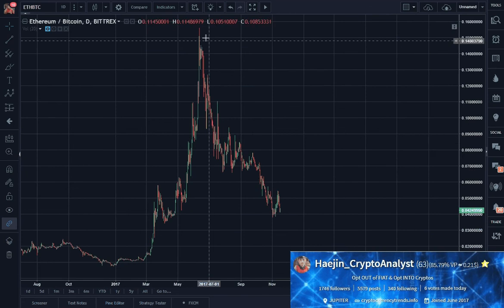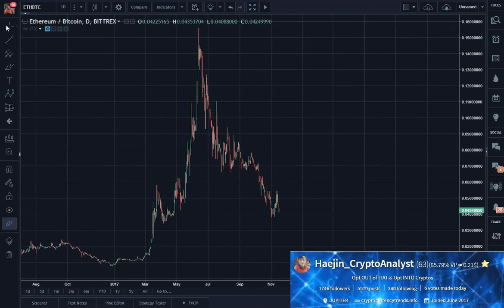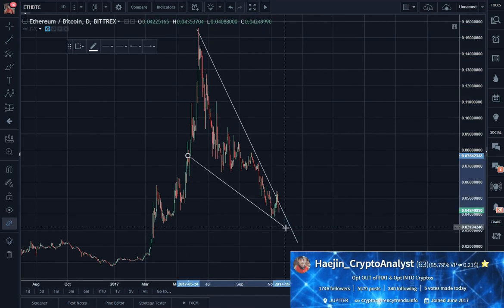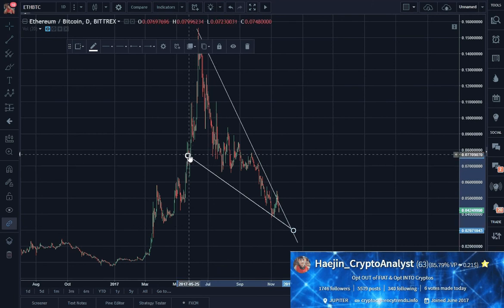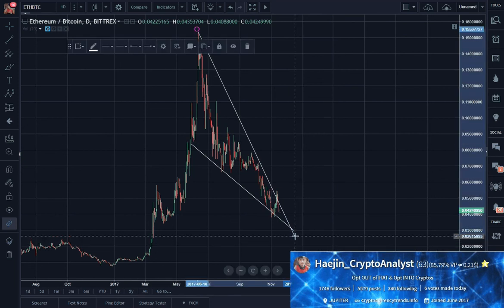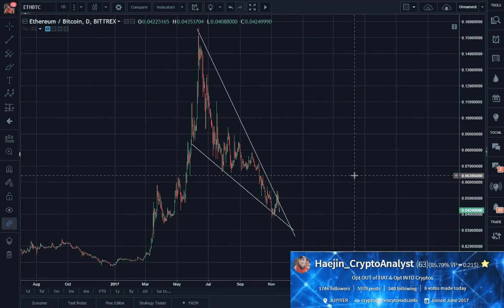Now I've shown this very often, and this is a symmetrical triangle that's downward pointing, like this. And these are not necessarily ABCDE. So not every triangle has to have ABCDE. It can't. Elliott wave can't take all the credit for patterns.